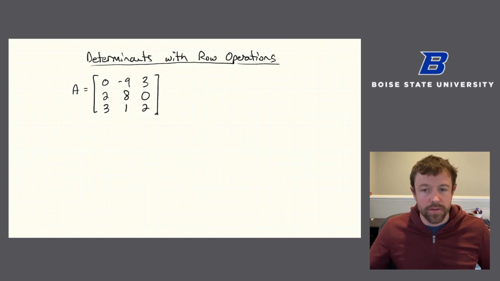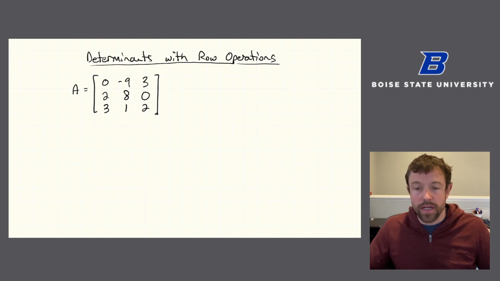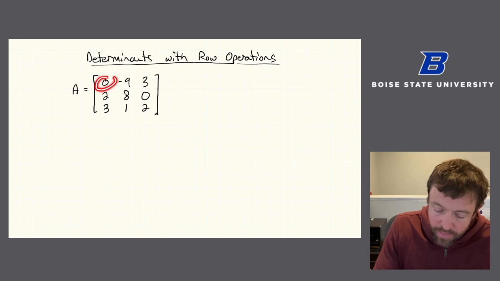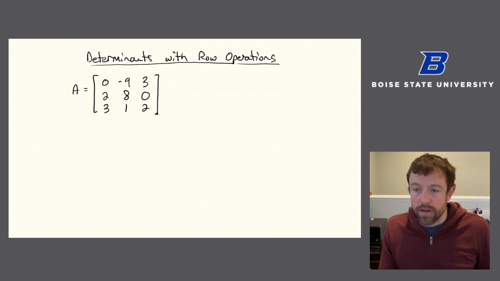Let's just dive right into it. So I'm reducing this to echelon form. The first thing I'm going to do is, I can't have a 0 up here, so I'm going to switch row 1 and row 2.